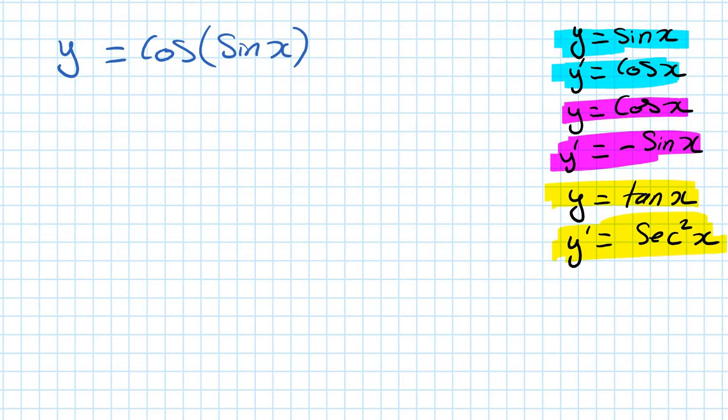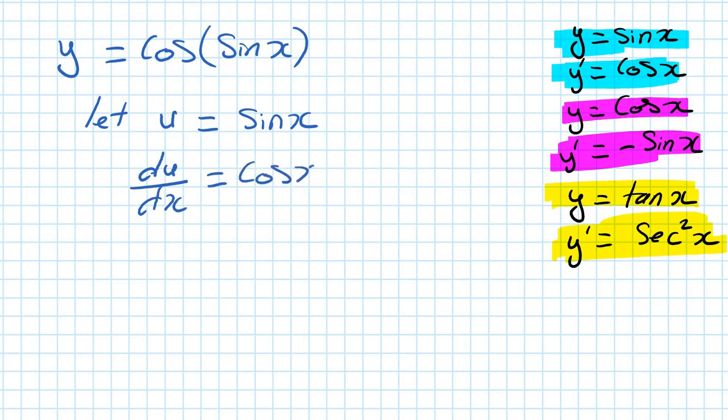The first way, when you look at this, is quite complicated. So we say let u equal sine x. This means that du dx is cos x, the differentiation of u with respect to x is cos x.